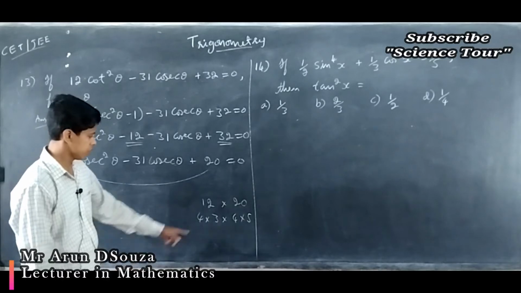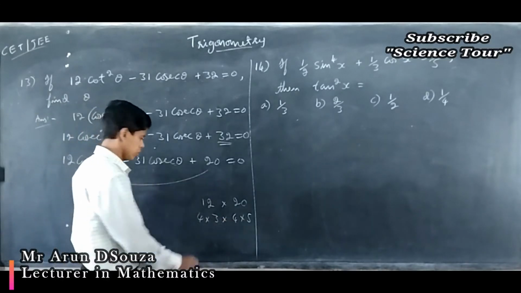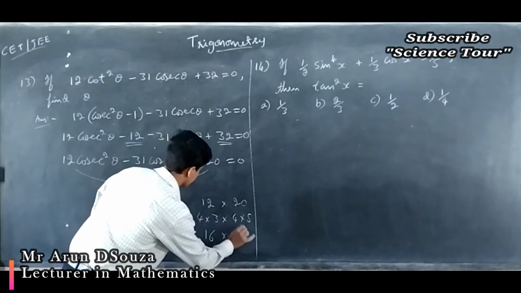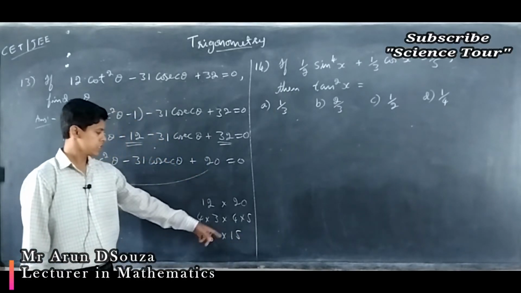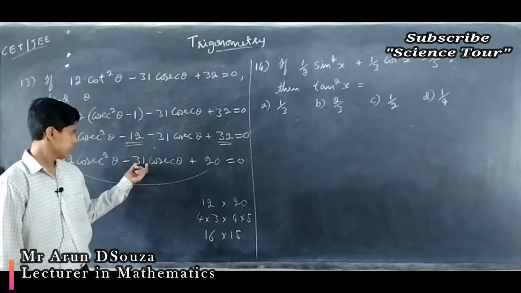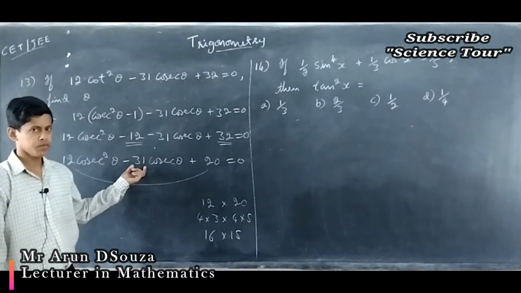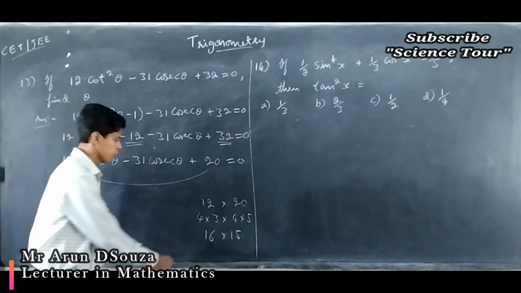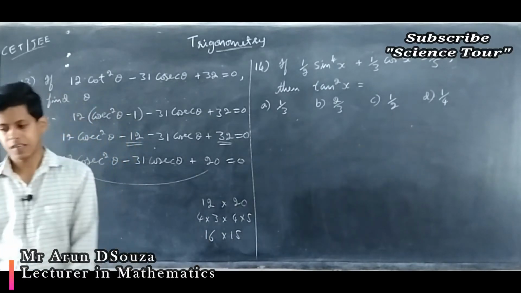So how you can split this? You can write 4 into 4, 16, and 3 into 5, 15, correct? So 16 and 15, if you add, you get 31, correct? So 16 plus 15. Therefore, you can go for this factorization.